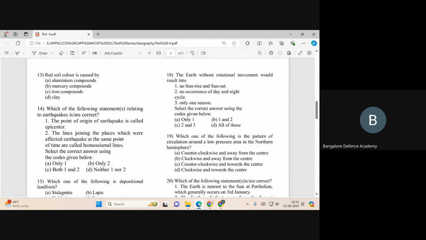The same question, if they ask about earth without revolution, what will be the answer? If the earth is not having a revolution, but rotation is there, then what will be the answer?